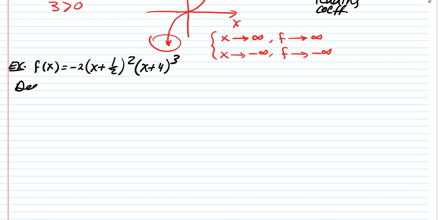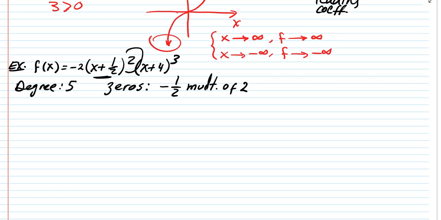So let's go through the things that we just did. This is a 5th degree polynomial, right? The zeros are -1/2, from here, with multiplicity of 2, and -4, with multiplicity of 3.